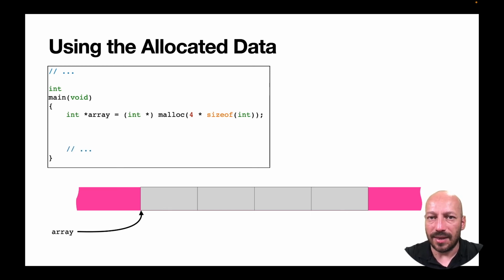And I can do it like that. And actually, I can write this down a bit simpler because it's commonly required to cast a void pointer into an integer pointer or some other pointer type. And this will be implicitly done if I write it like that. So I do not have to explicitly state that.